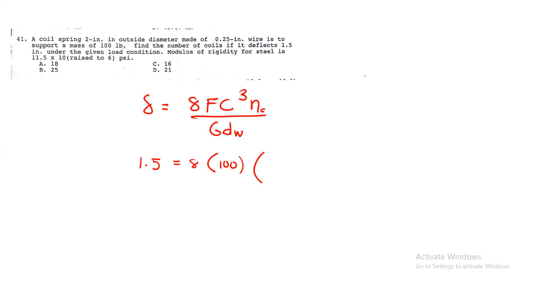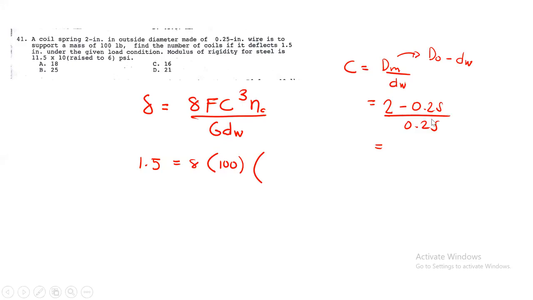So alam nyo C natin. So ang C natin is equals to mean diameter over diameter ng wire. So itong mean diameter pwede natin makuha using outside diameter minus diameter ng wire. So ilan yung outside diameter? 2 minus diameter ng wire 0.25 over 0.25. So 2 minus 0.25 divided by 0.25, 7.